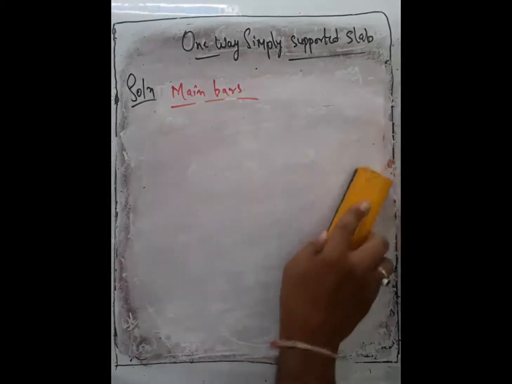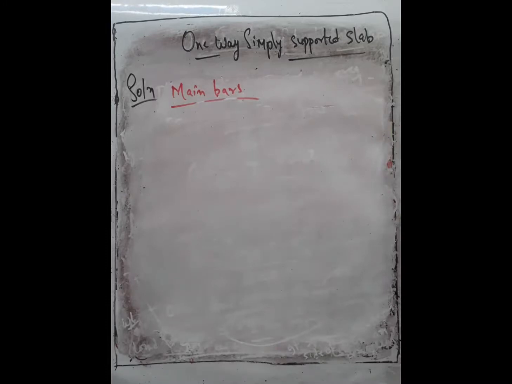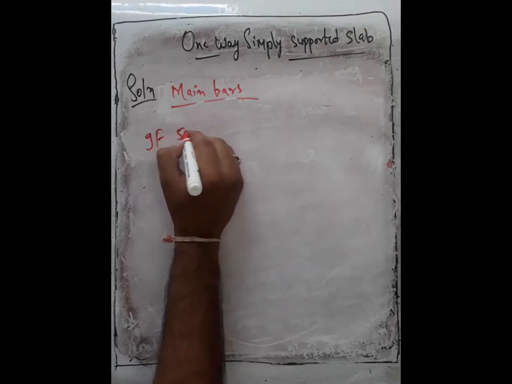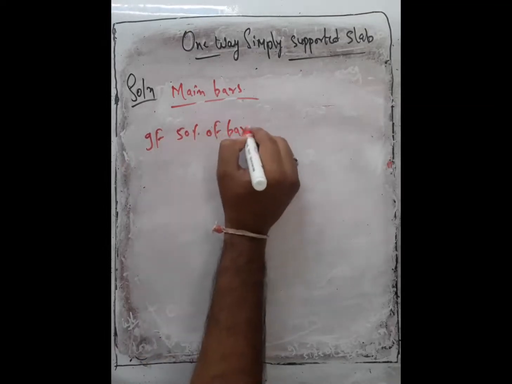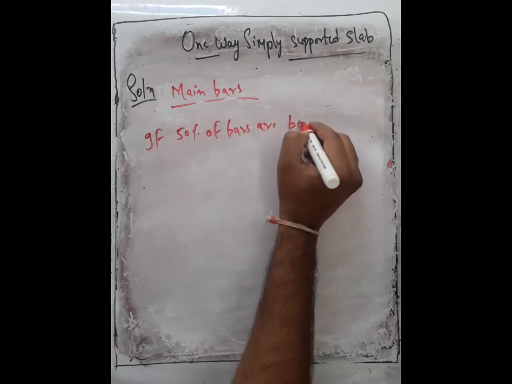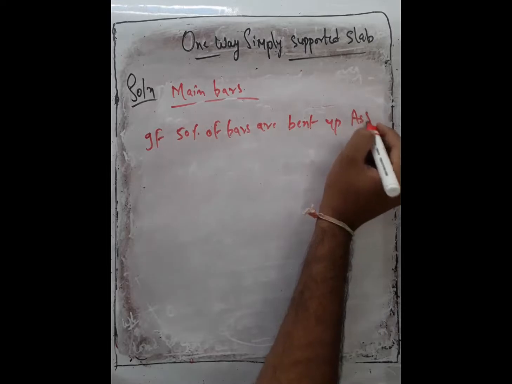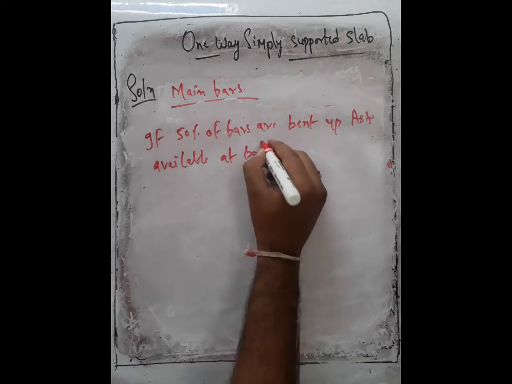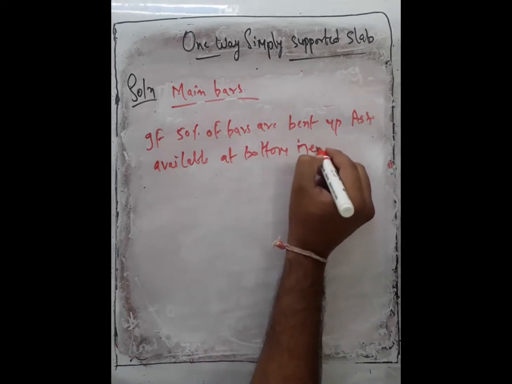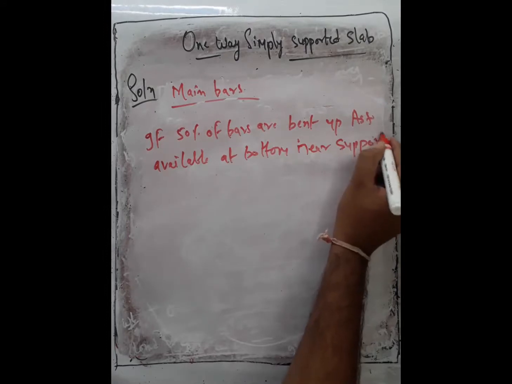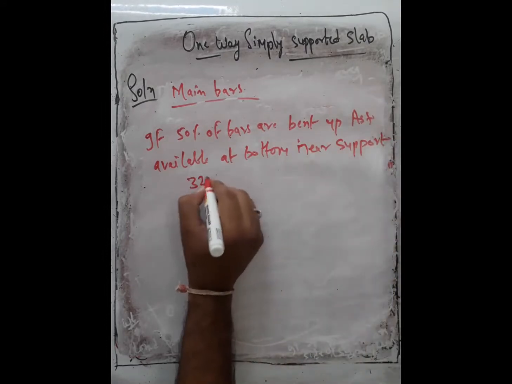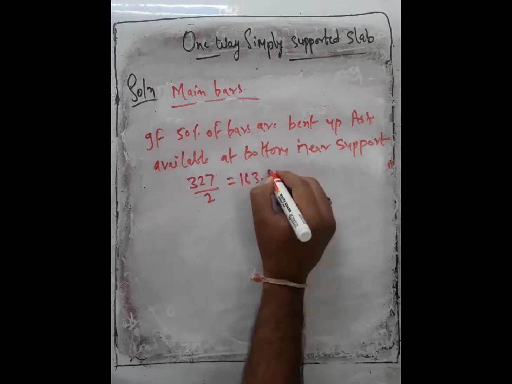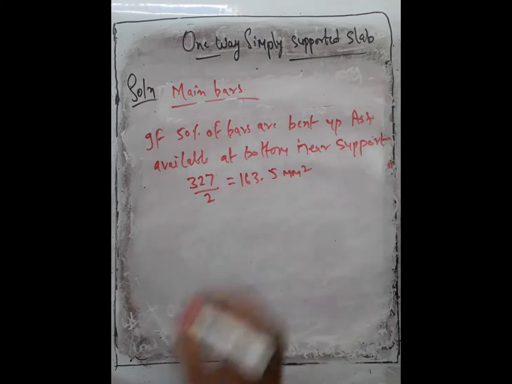If we provide bent up bars, we know that if 50% of bars are bent up, then AST available at bottom near support is 327 divided by 2 is equal to 163.5 mm square.